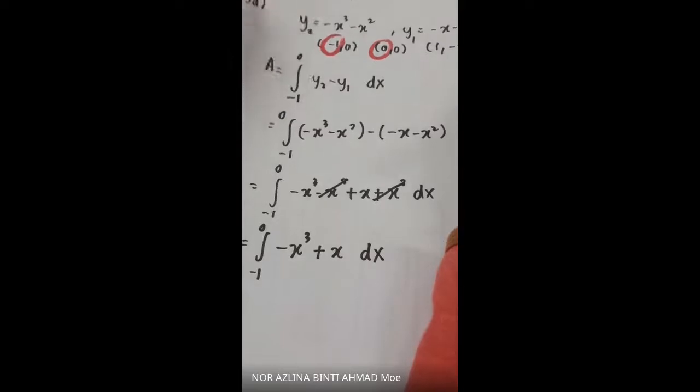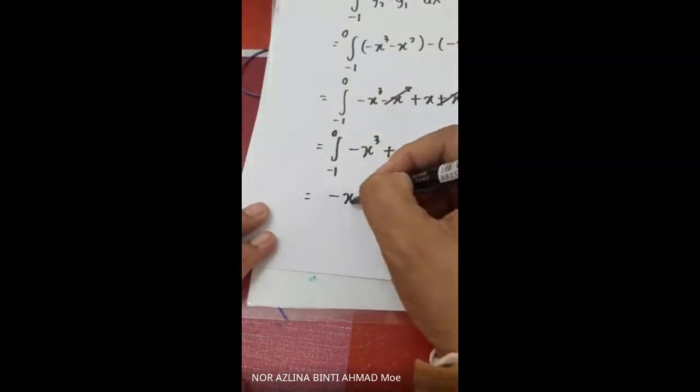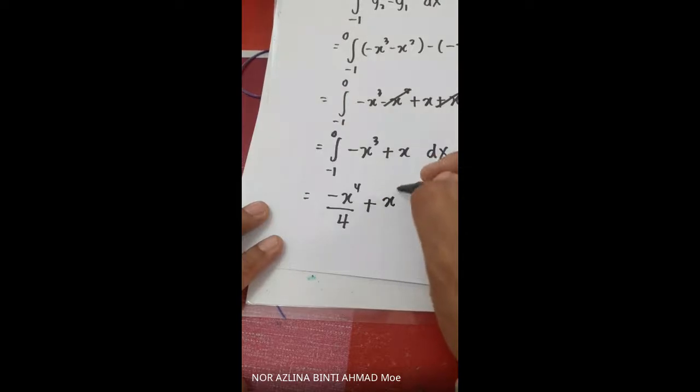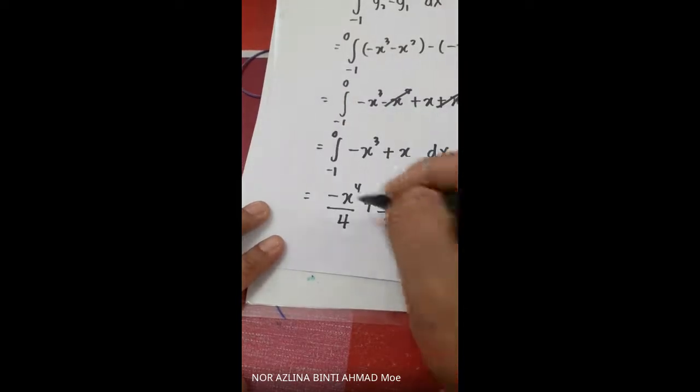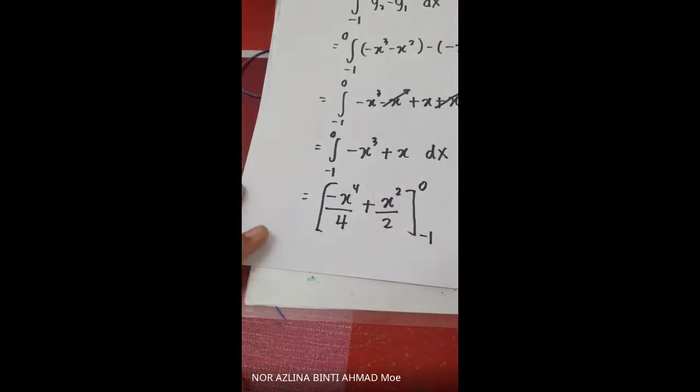So now we integrate: negative x power of 4 over 4, since 3 plus 1 is 4, plus x squared over 2. And this is the limit from negative 1 until 0.